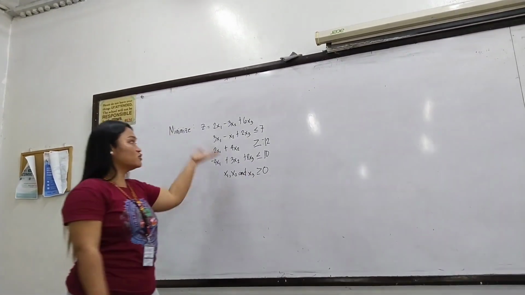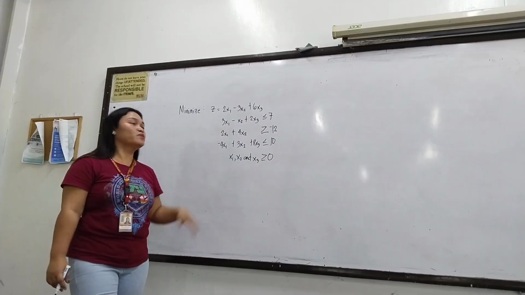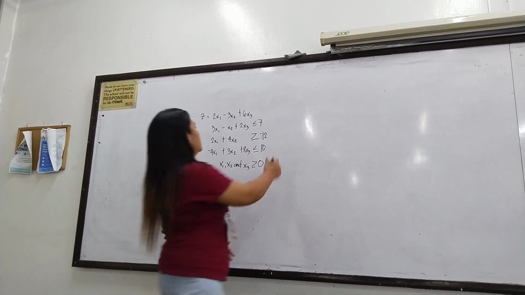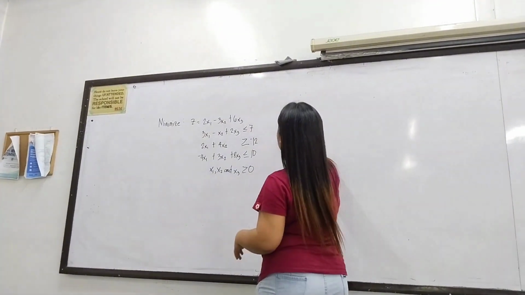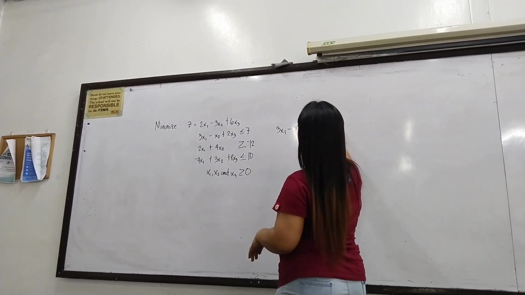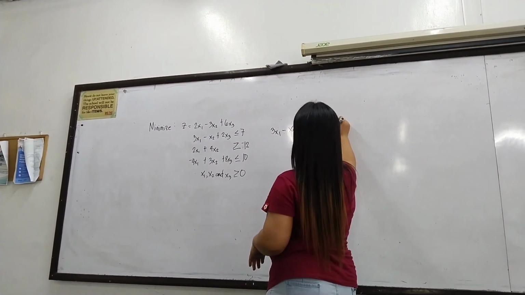So we try to solve this one. We need to convert this negative 12 into positive. So 3x1 minus x2 plus 2x3 is less than or equal to 7.